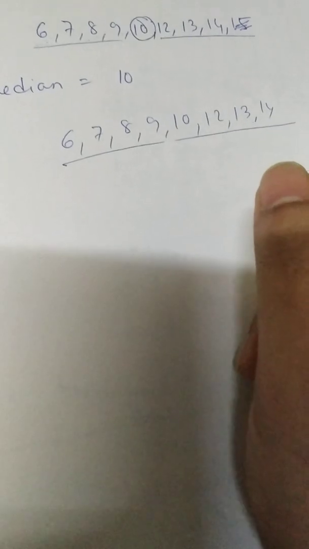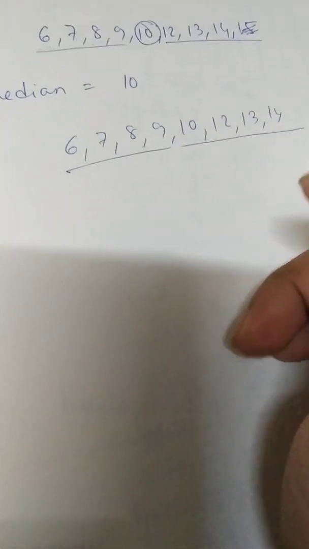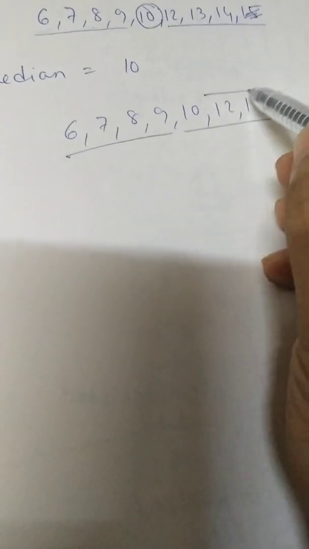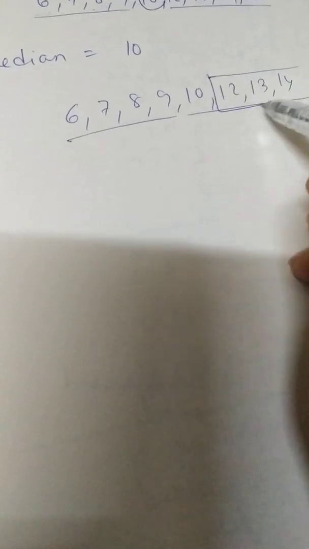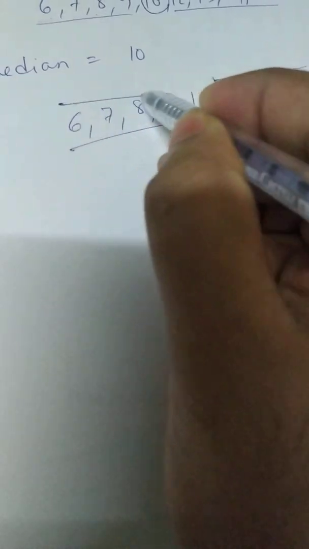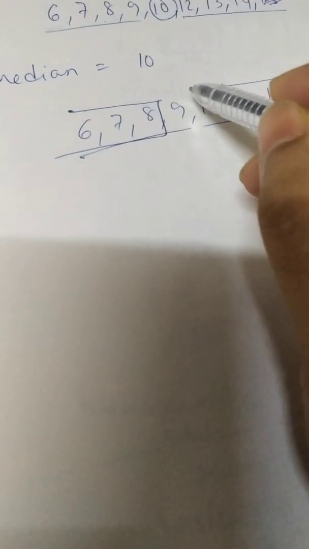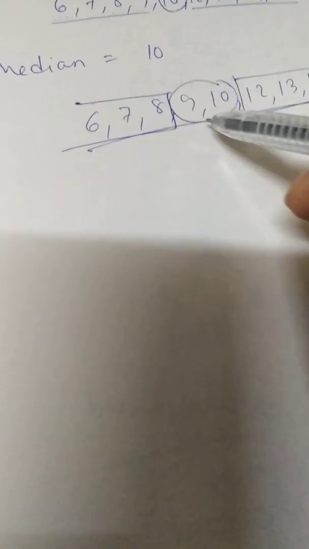In this case, to find the median, first separate equal parts from the outside. These 3 parts I have separated on each side. Now I have these 2 numbers, 9 and 10.